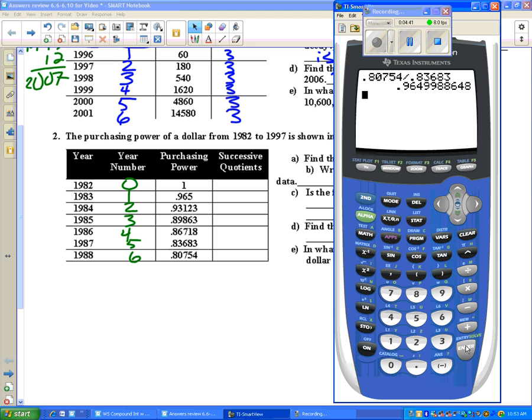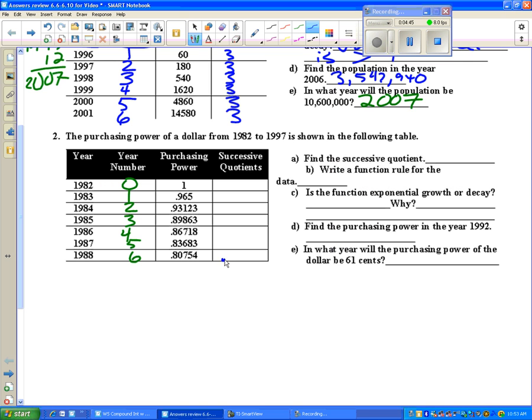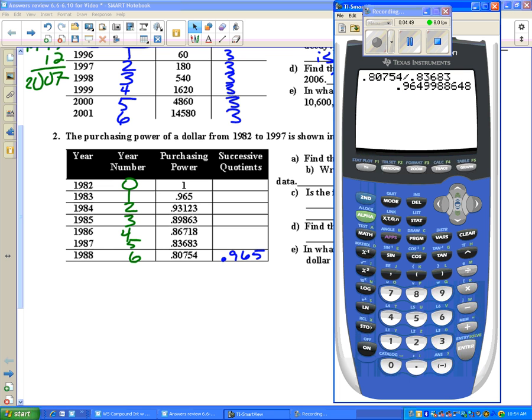I got 0.965. Continue in my calculator, 0.83683 divided by 0.86718. I get 0.965.